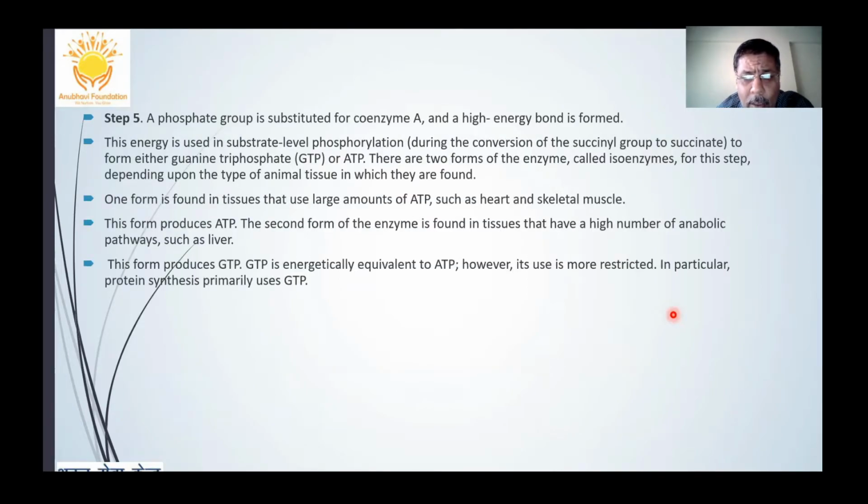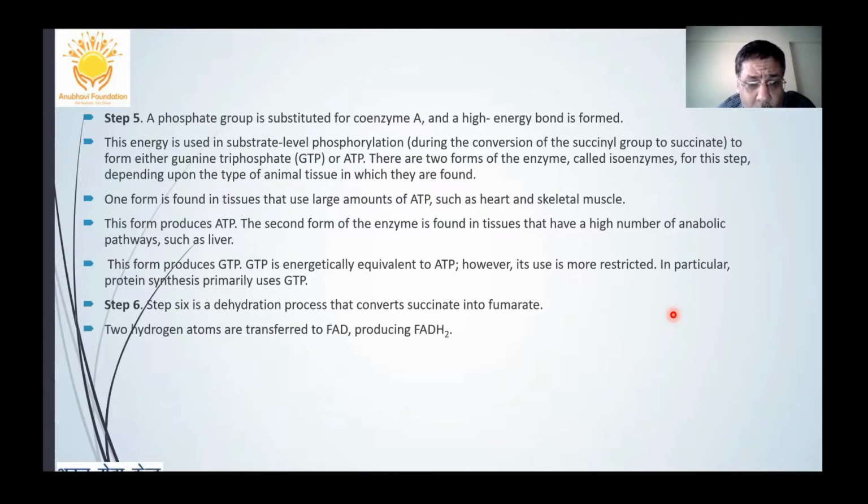You can go through the various steps just for your information, which will help you understand the cycle. This is a common process occurring in each and every living cell of the aerobic organisms, or the aerobes.